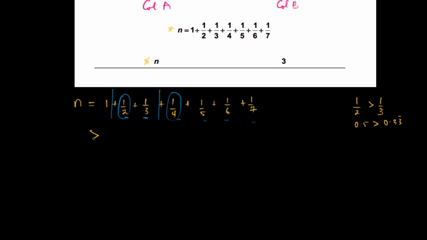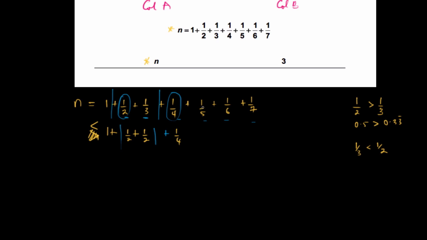Let me not confuse things. Since 1 over 2 is greater than 1 over 3, that implies that 1 over 3 is less than 1 over 2. So this is going to be less than 1 plus 1 over 2 plus 1 over 2, where 1 over 3 is less than 1 over 2, so this is the separator, then plus 1 over 4.